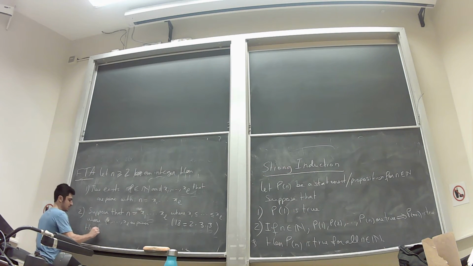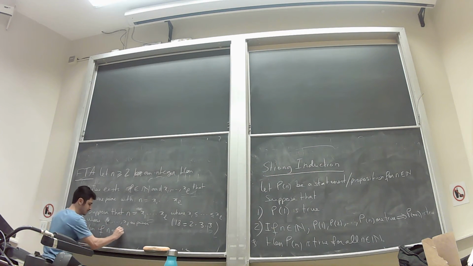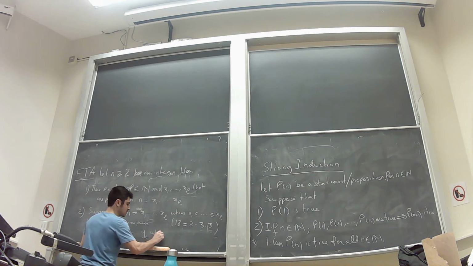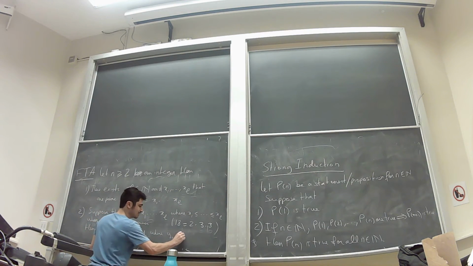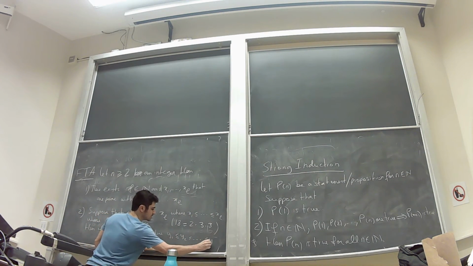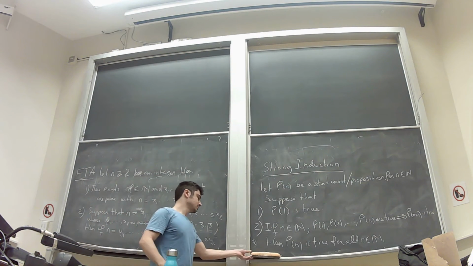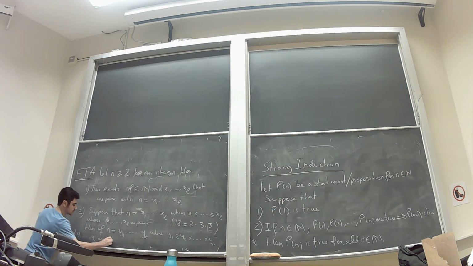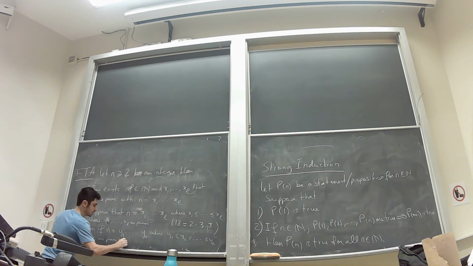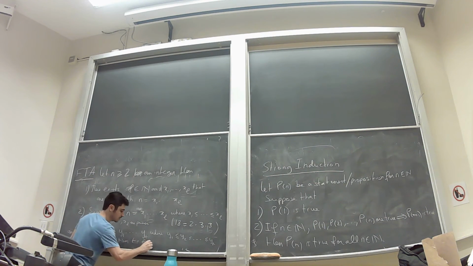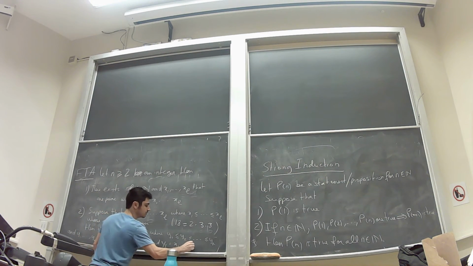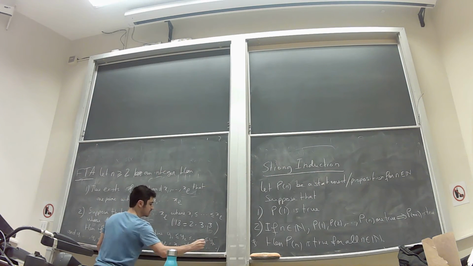Then, if n is equal to y1 up to yt, where y1 is less than y2 is less than yt, and y1 up to yt are prime numbers, then t is equal to l and y1 is equal to x1, y2 is equal to x2, and so on.